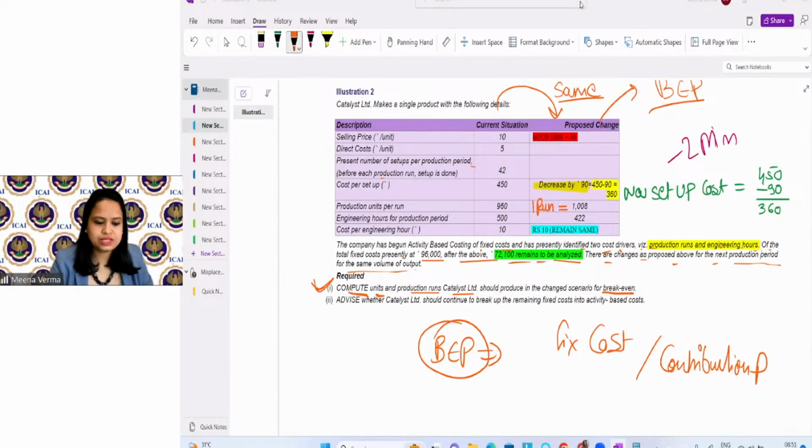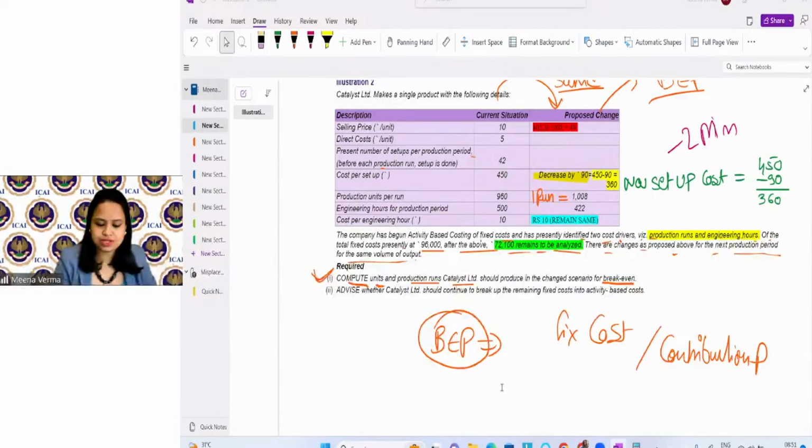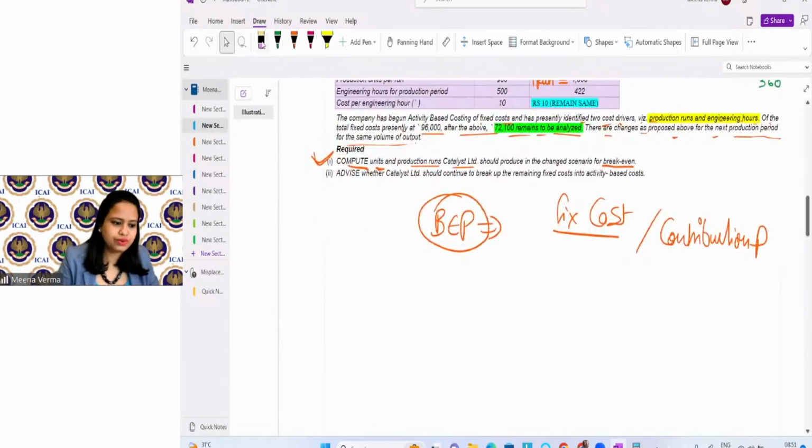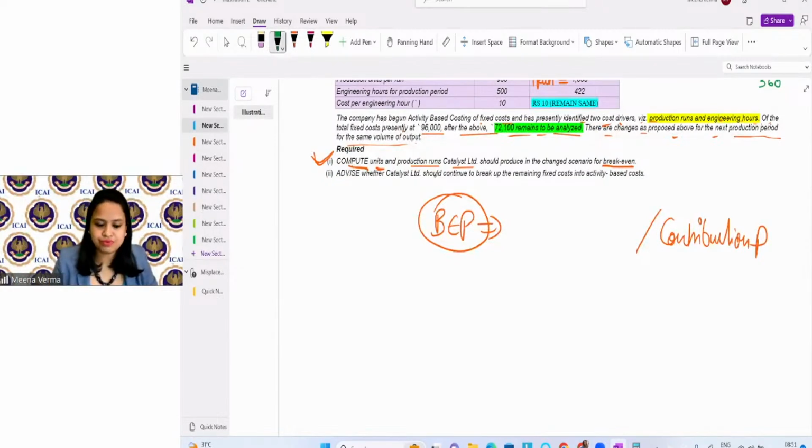Since it is a just-in-time system, what will happen? We replace this fixed cost with what? We need fixed cost, then setup cost, and engineering cost.